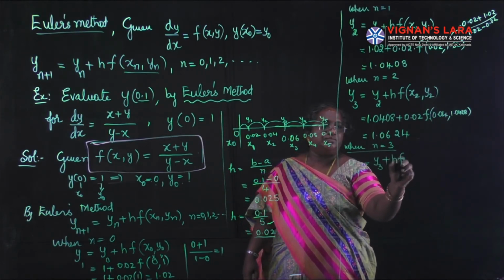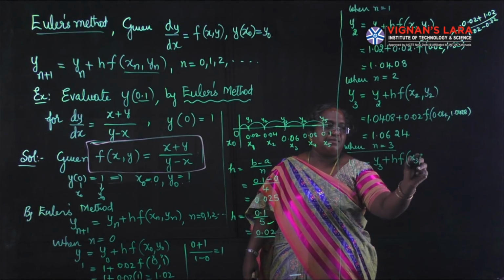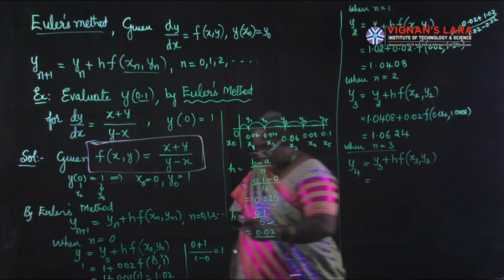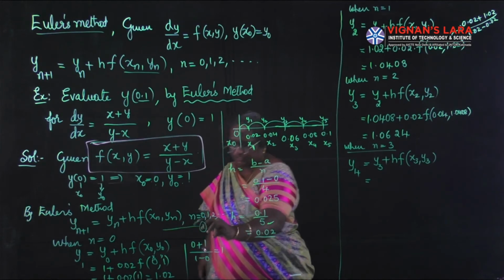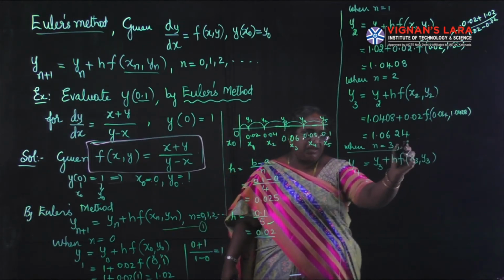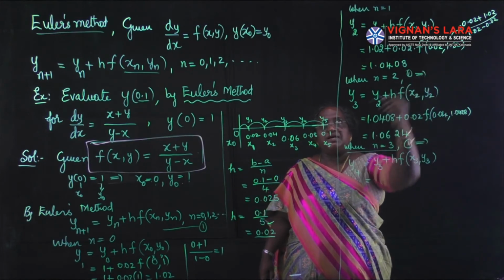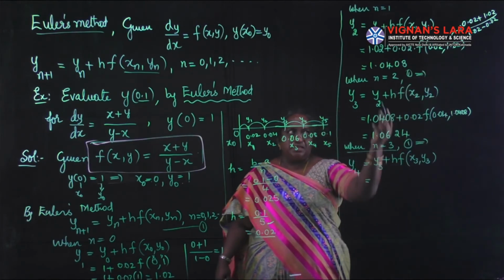h into f of x3 comma y3. So all the time we substitute in this equation. When n is equal to 3, 1 implies; when n is equal to 2, 1 implies. That is how we apply.